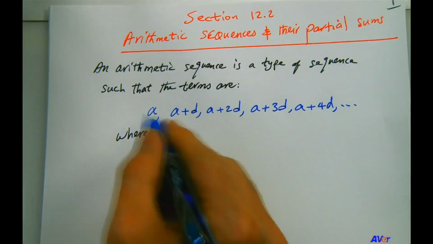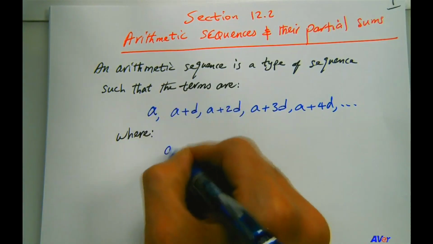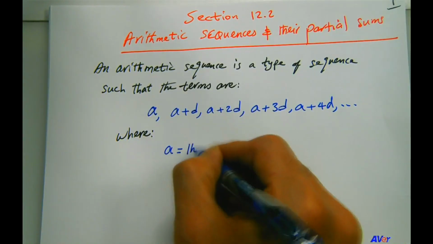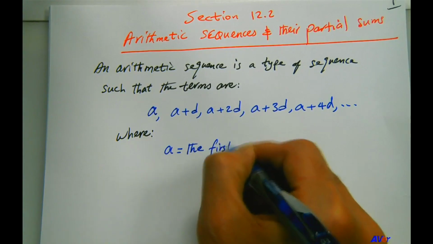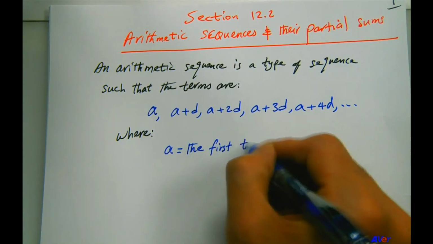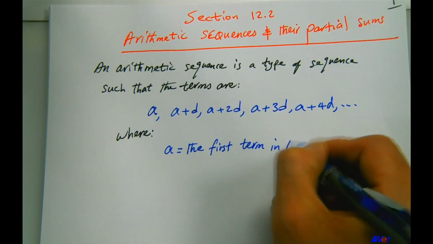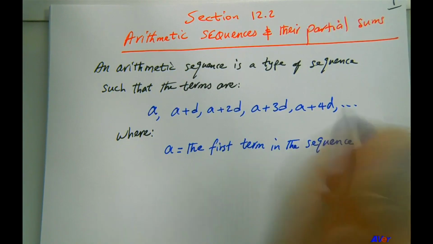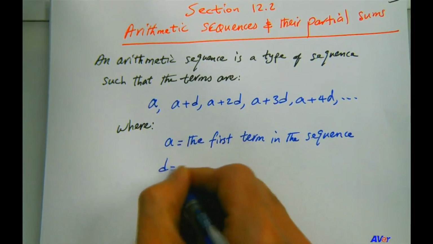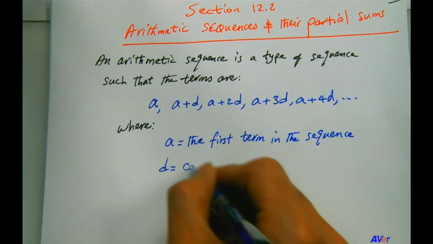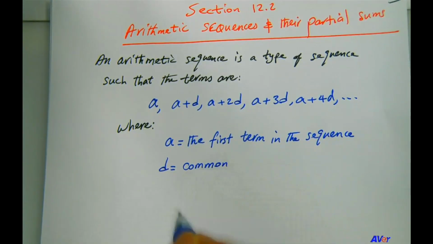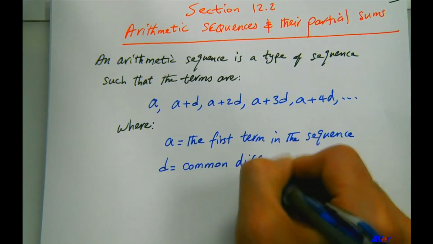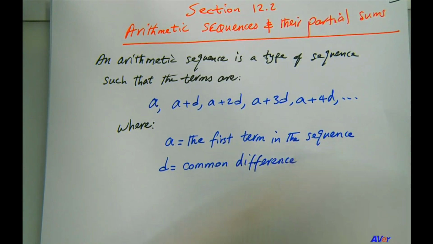Where A is the first term in the sequence, and D is called the common difference. Once you see one example, you know exactly what that common difference is.